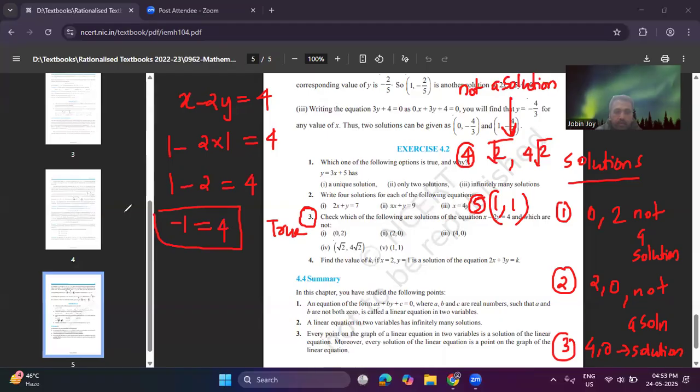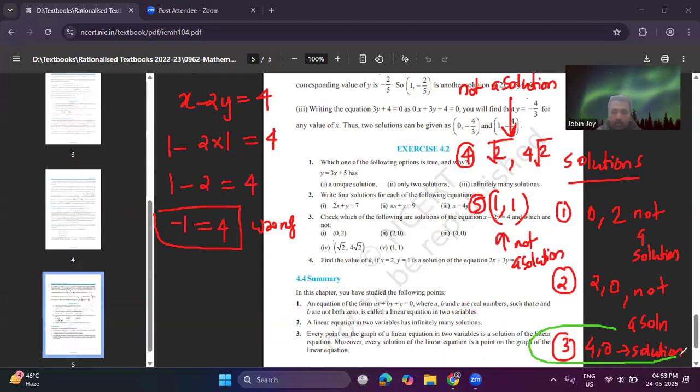Again, this is wrong, right? Not a solution. So there is only one solution. What is that? 4, comma 0. So 4, comma 0 is the only solution of the given equation x minus 2y is equal to 4 out of the 5 given solutions.